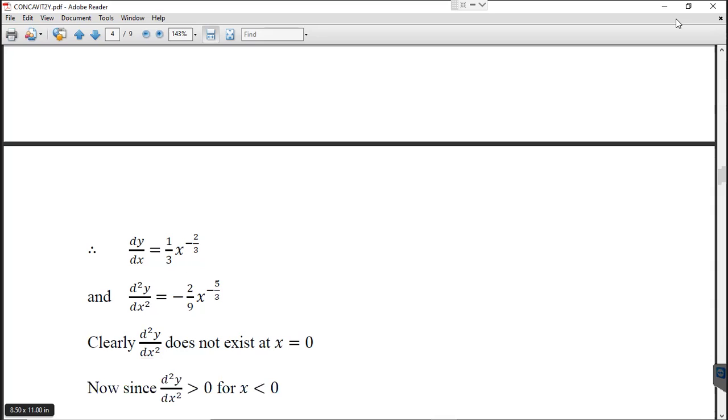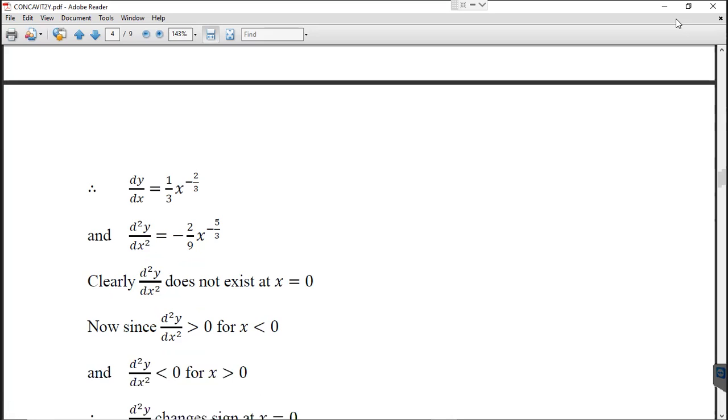And here d2y by dx2 does not exist when x is equal to 0. So for the point of inflection, we check whether for x equal to 0, d2y by dx2 changes sign or not. For x less than 0, you will find that d2y by dx2 is greater than 0, and for x greater than 0, d2y by dx2 is less than 0.